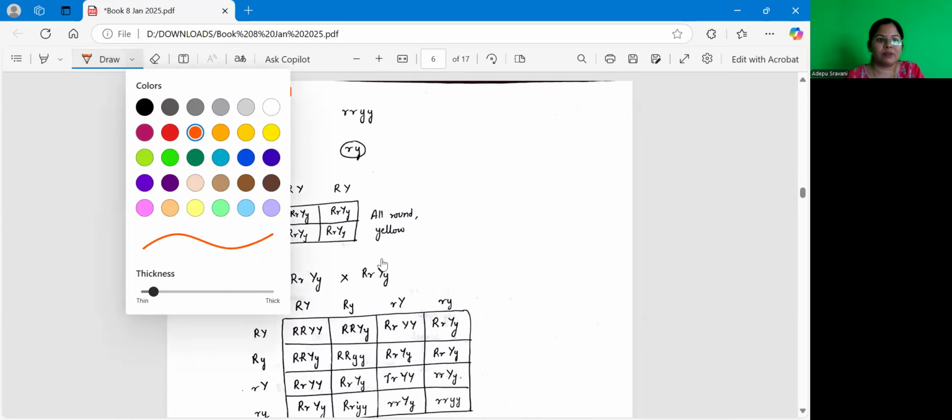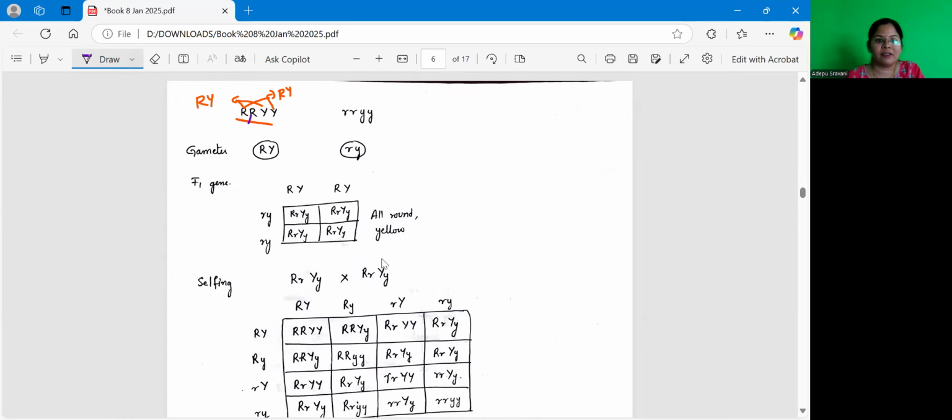Again, the second R goes with Y like this, and this R goes with Y like this. So we are getting four gametes, but all of them are the same type. That is the reason why I have written only one type of gamete here. Clear? Similarly here also I am getting small r, small y, and all of them are the same.